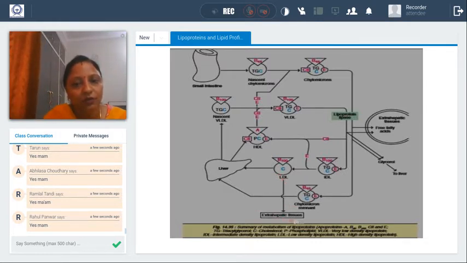And this goes to liver, and here SDL by C2 APOprotein, here C2, here C2, and this SDL, you can see E, and then again it goes to liver. And you can see 3 fatty acids and glycerol to liver.